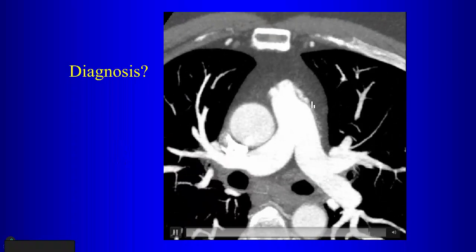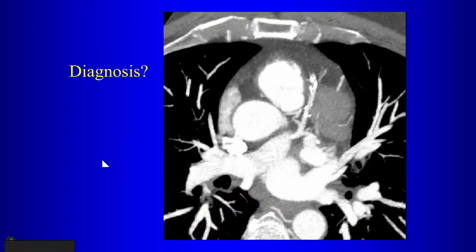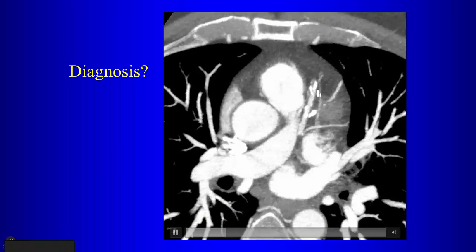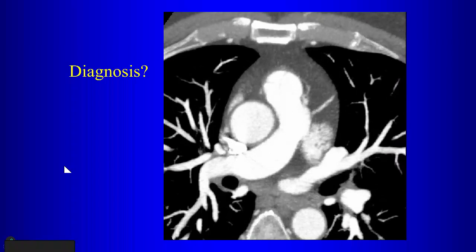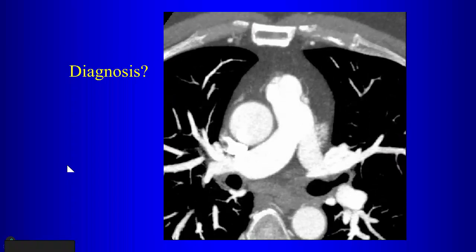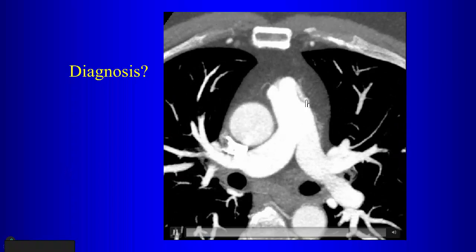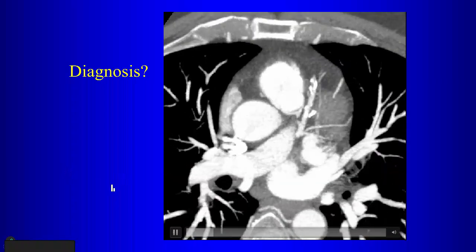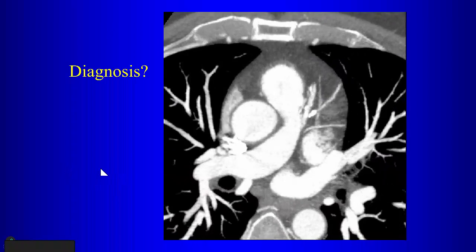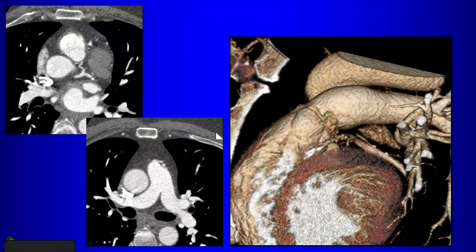And of course, again, because of the pressure gradient, because of the low pressure in the pulmonary artery, that's going to draw all the flow through there. So this is another example of a coronary arteriovenous fistula that can result in ischemia from taking the flow away from that vessel, taking it to the pulmonary artery. So here you can see the tortuous vessel here connecting to the pulmonary artery.